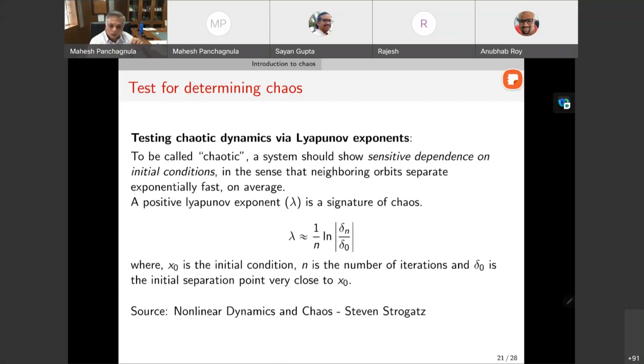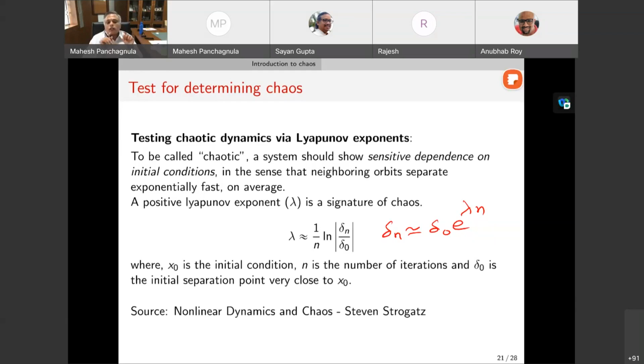Now, why am I doing it in this fashion? Because delta n, if you look at this, goes as delta naught times e to the power lambda n. So the core idea that Lyapunov found was that these trajectories not just diverge, but they diverge exponentially fast in time.